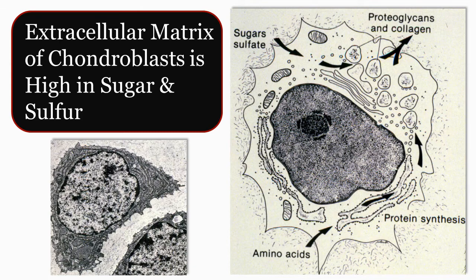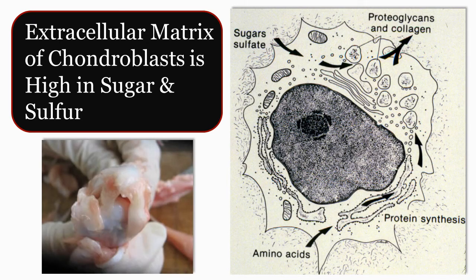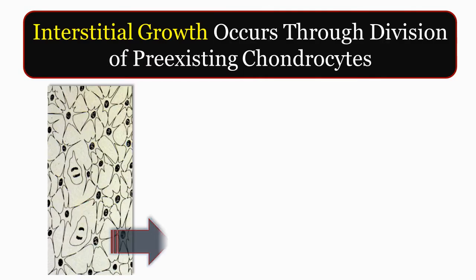Both sugar and sulfur are added at the Golgi apparatus as proteins are developed inside the cell. The chondroblasts and chondrocytes produce glycosaminoglycans, which are sulfonated. This makes cartilage look glassy. If you ever looked at the end of a chicken bone, you can see the glassy appearance at the end, and that is the cartilage at the end of the bone in that joint.